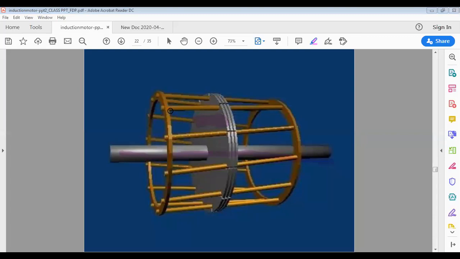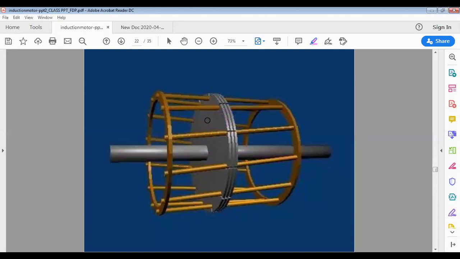Or what are these yellow color bars? Very good. Core. Correct. This gray color portion, the circular thin disc, all of you can see.